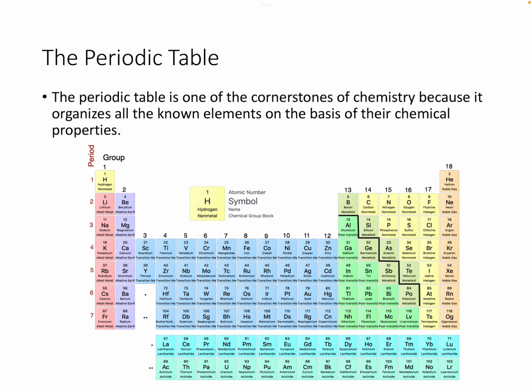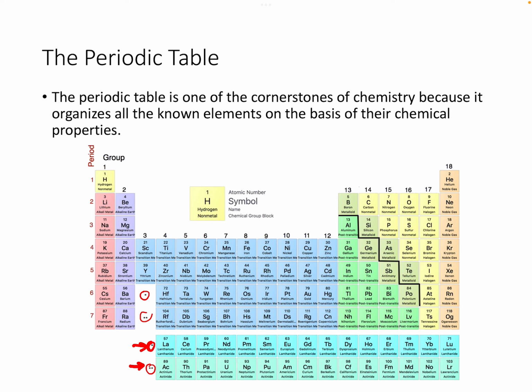Now, one thing I did want to mention, down below, you'll notice these two rows that are separate from the periodic table. So those actually do follow the rows in the periodic table, but if we placed those two rows into the periodic table, it would be super wide.